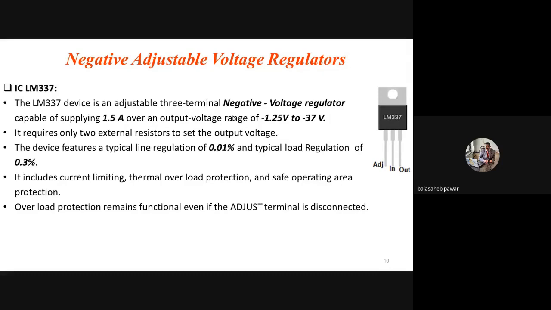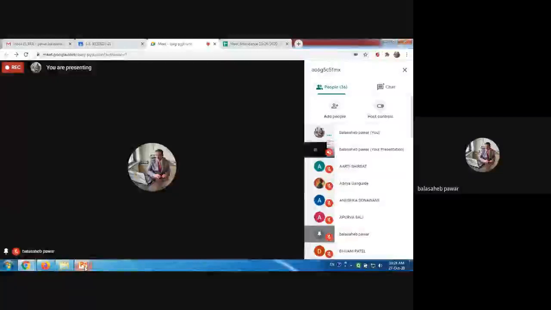Can anyone answer? My requirement using the negative adjustable voltage regulator is minus 20 volts. How much input minimum should I apply so that I can obtain a regulated output of minus 20 volts?